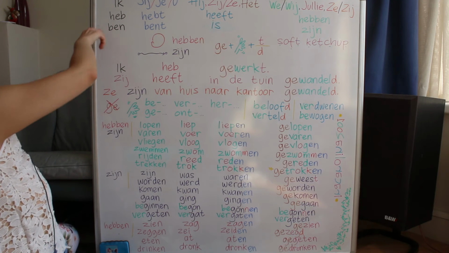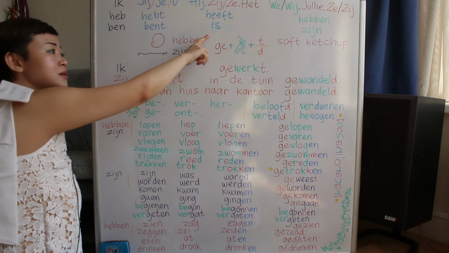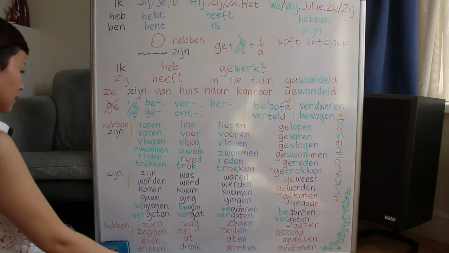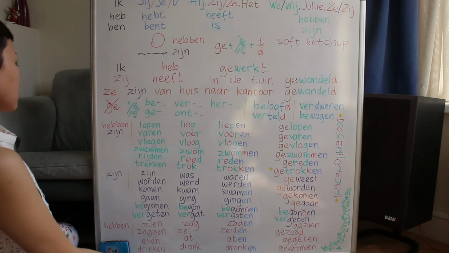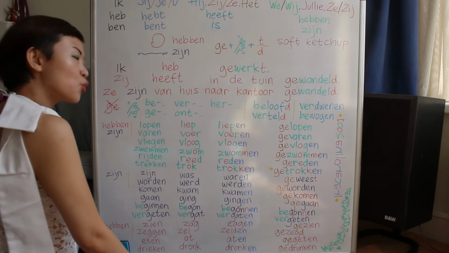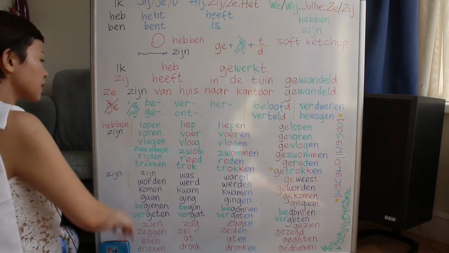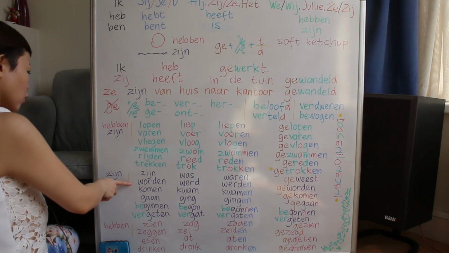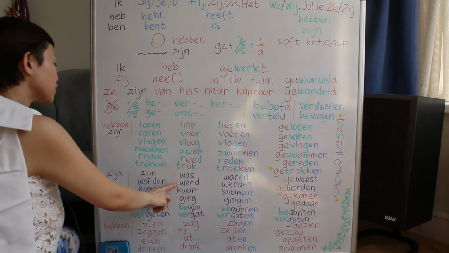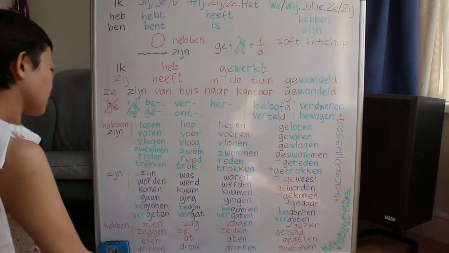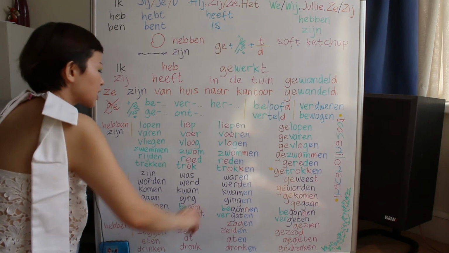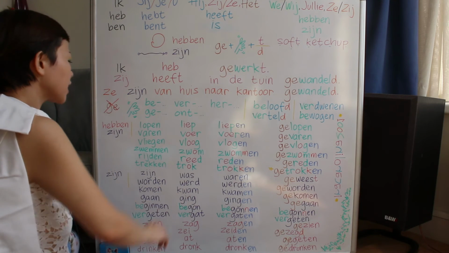This is ver and be. Irregular verbs that we use with hebben or zijn, we see here because it's not ended with T or D. That's why it's irregular, because you have to learn about it. You have to remember about it.